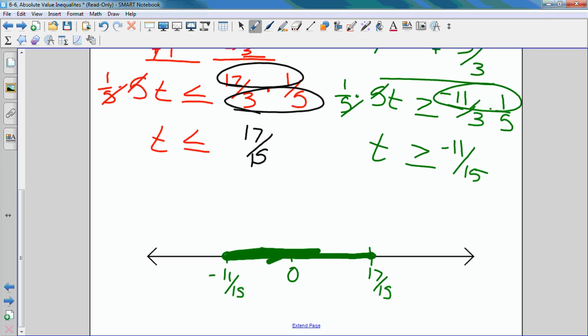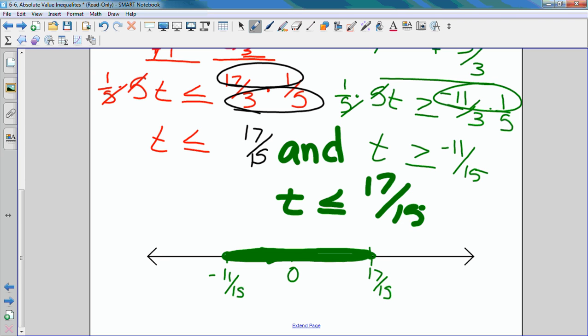And. It's an and, so you can write it with an and in here. An and graph can also be written as a compound inequality, right? So write it as a compound inequality. Put the bigger number over here, 17 over 15, and then I have negative 11 over 15 here.